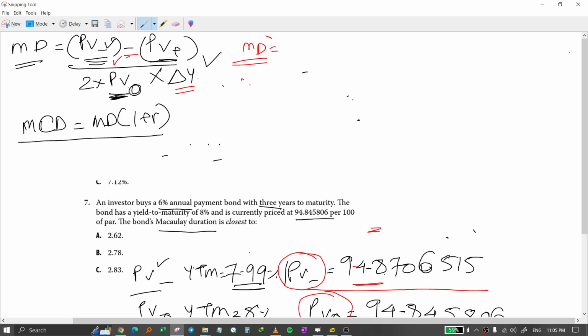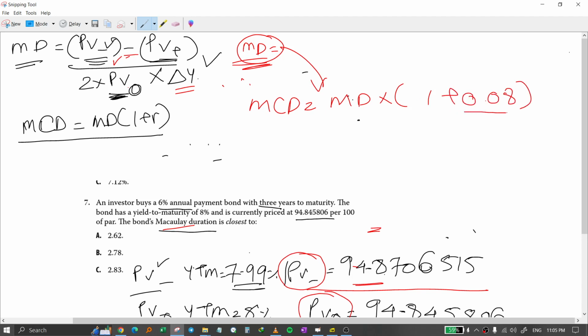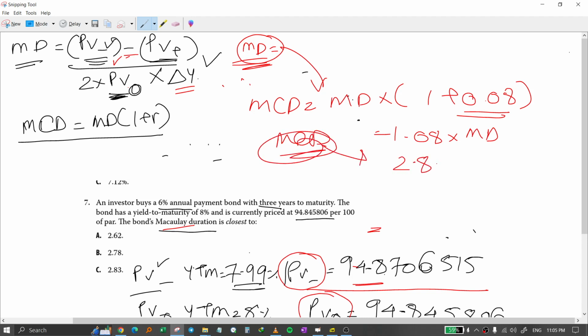Now, the value which you get after calculating the modified duration, in order to calculate what is asked, the Macaulay duration, MCD, we just need to put this value MD into 1 plus 0.08 in decimals, that is 1.08 into modified duration is equal to MCD, and then you will find MCD as 2.83, which is the required answer.